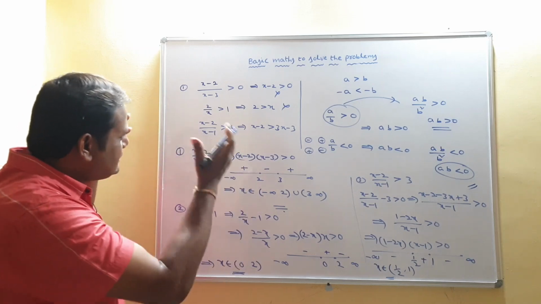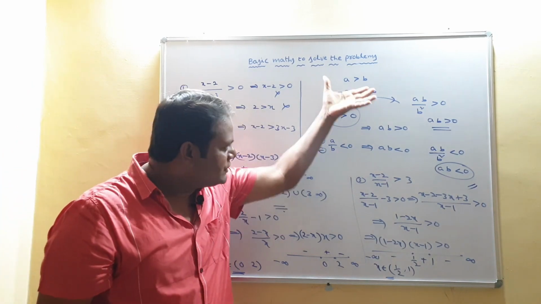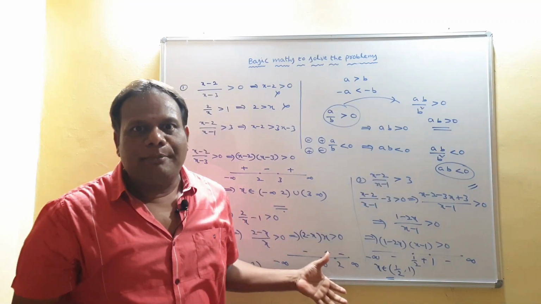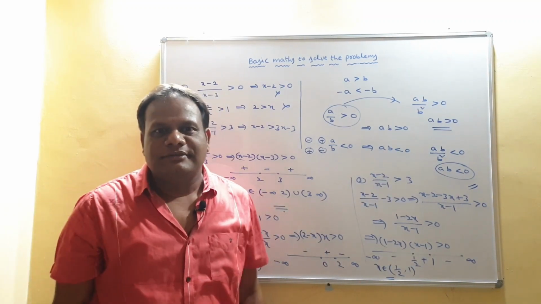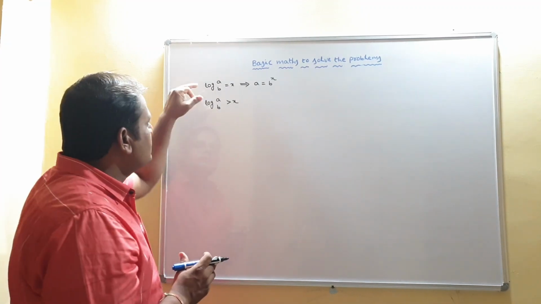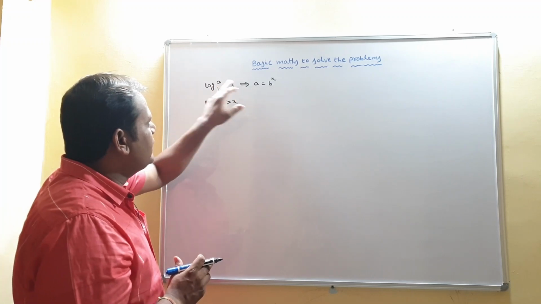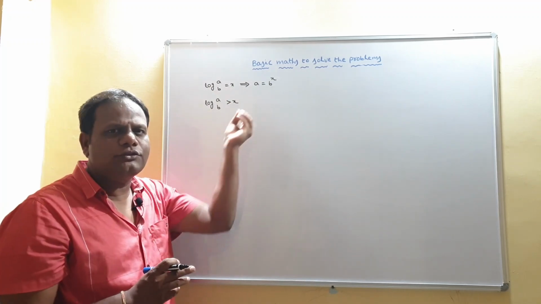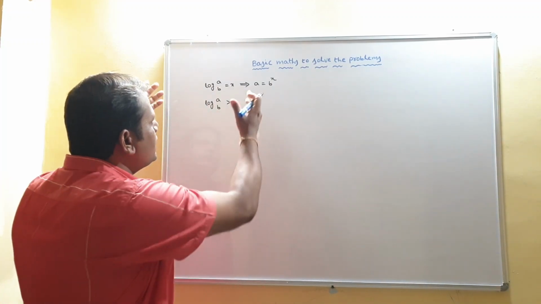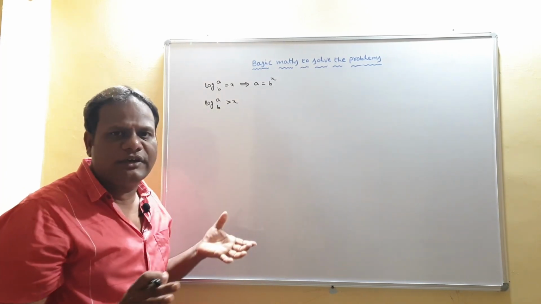Once you go through this, you should remember these rules and you won't commit this type of mistake. So you all know about the logarithm function. Log a to the base b equal to x, then a is equal to b power x. So this is the general rule. You all know about that. Actually, now we are dealing with inequations.